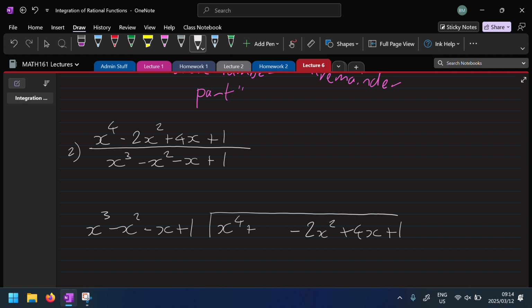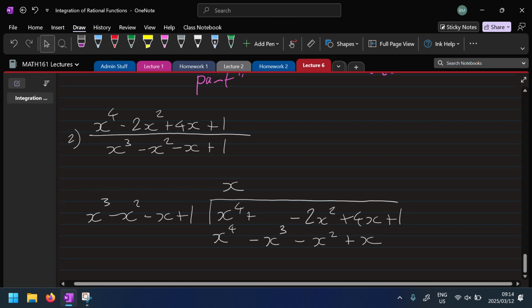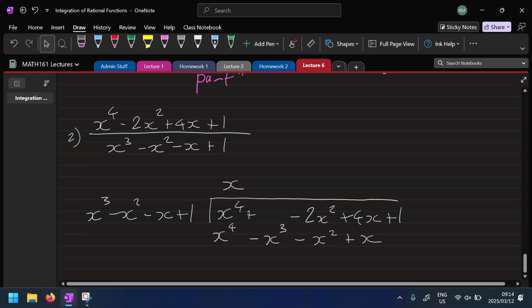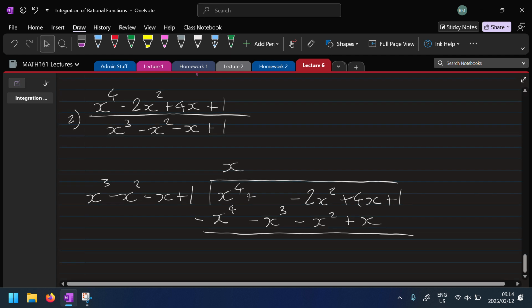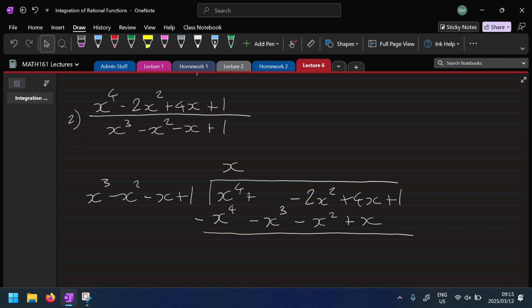So x to the 4 divided by x cubed, that's x. And then we multiply. So that's going to be x to the 4 minus x cubed minus x squared plus x. Okay, and again, there's a plus 0 there, but we're not going to write that. Minus. Okay, let's take the difference. x to the 4 minus x to the 4, that should be a 0, but we can just leave it out.